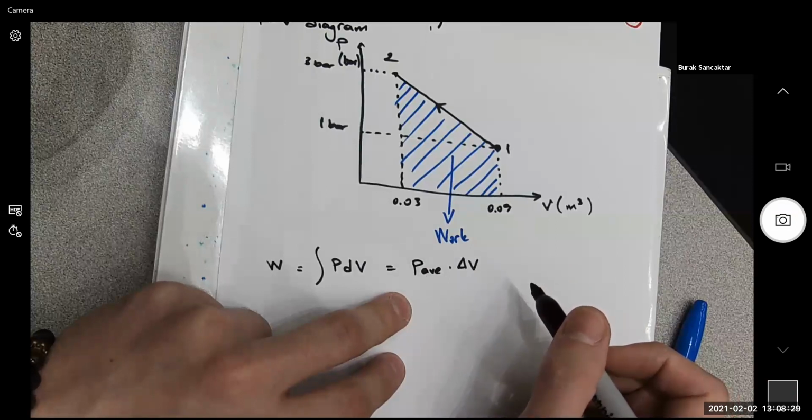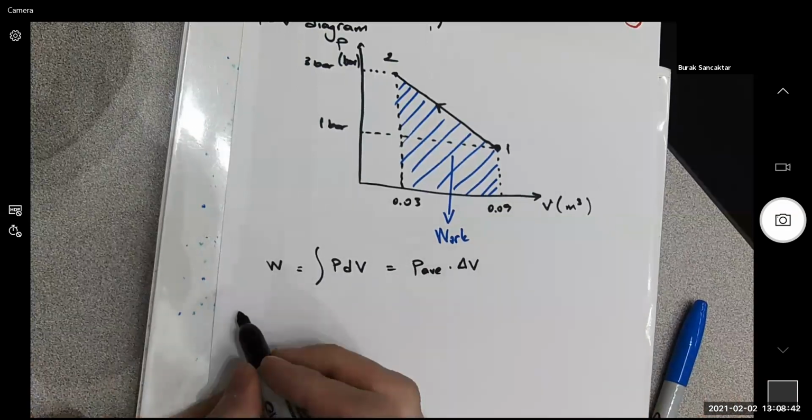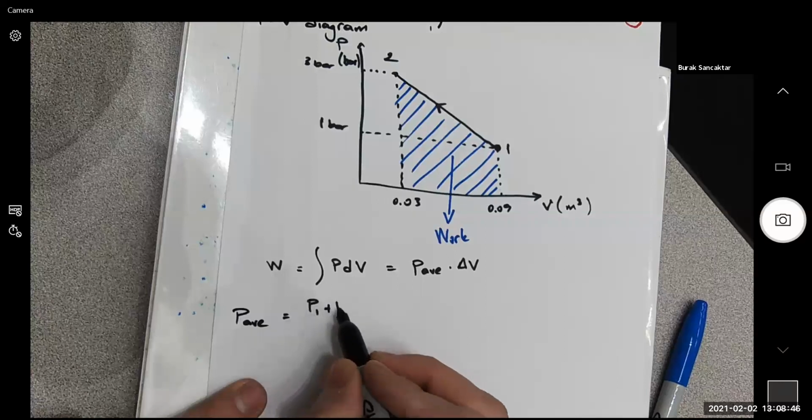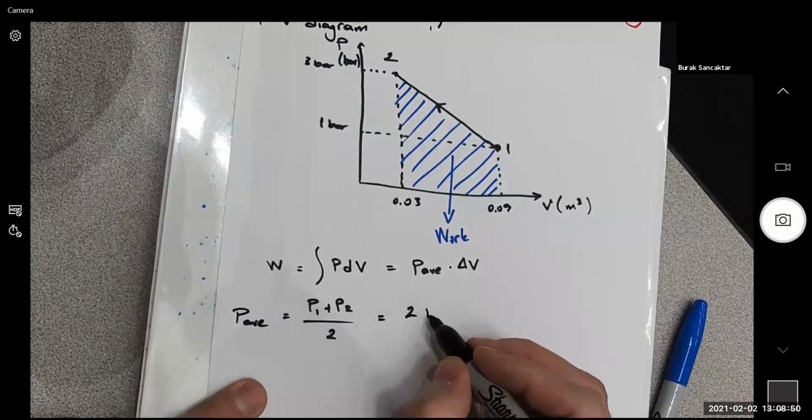I know where my middle point is on a linear process, but I cannot do that if the process is not perfectly linear. The average is P1 plus P2 over 2, it will be 2 bar.